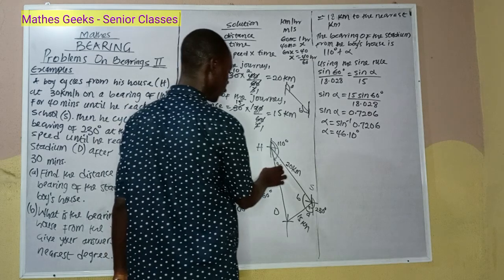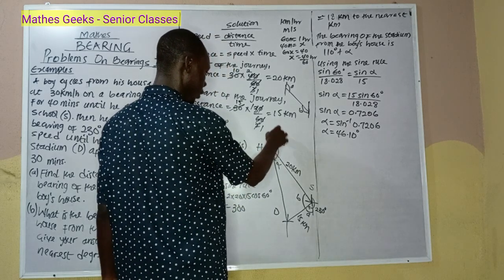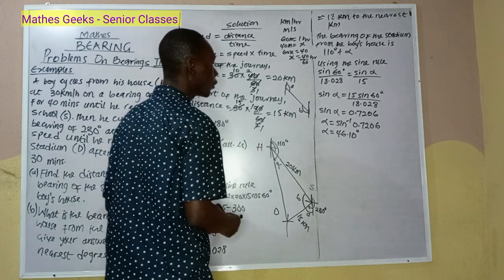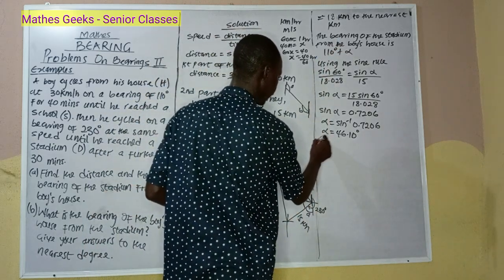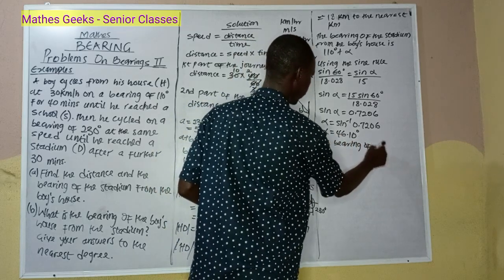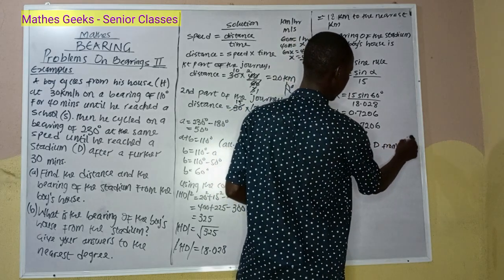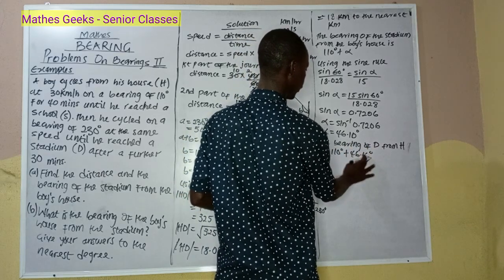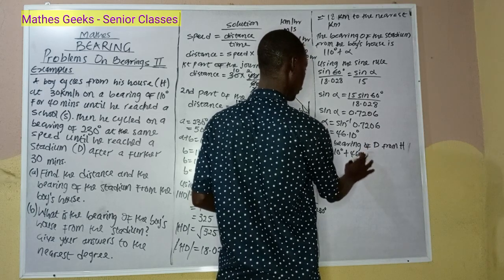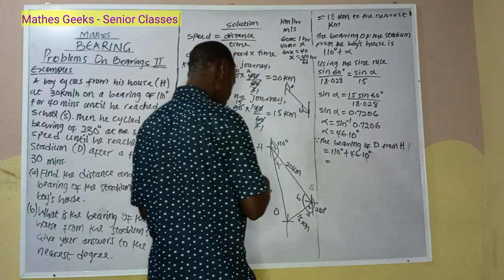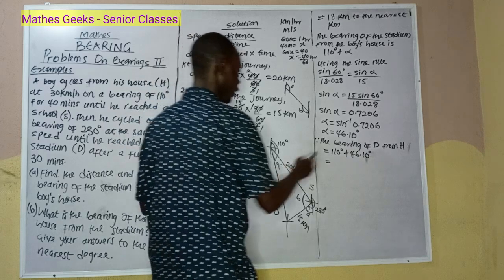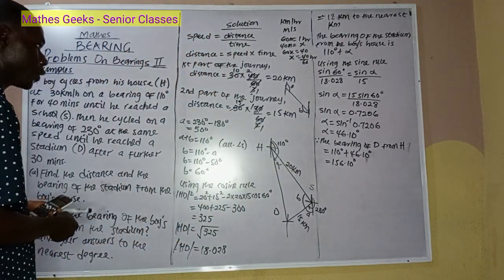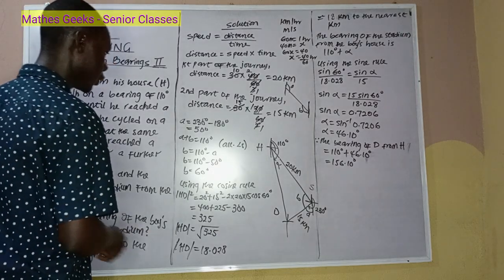The reason we got alpha is because we wanted to add it to 110 degrees to get the bearing of D from H. Therefore, the bearing of D from H is equal to 110 degrees plus 46.10 degrees, which gives us 156.10 degrees. So that's for A.